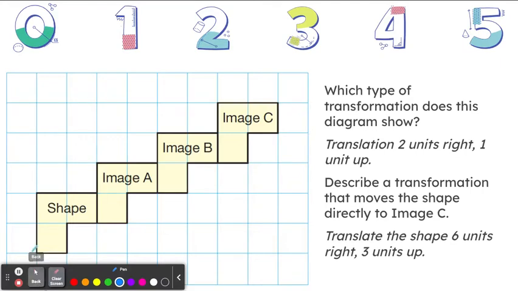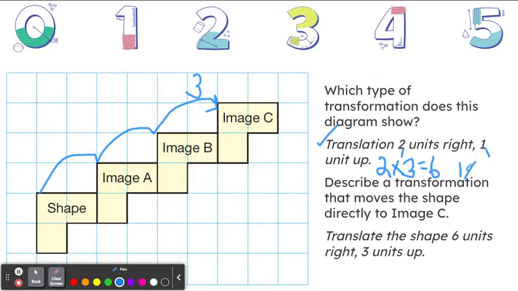But there's another way to do this. And if we remember, we did 1, 2, 3 of the exact same transformation. And we know what that was. It was a translation of 2 units right and 1 unit up. And we can take that information and say 2 times 3, because we're doing this translation 3 times. 2 times 3 equals 6. And if we take this, 1 times 3, because we're doing that translation 3 times, 1 times 3 equals 3.